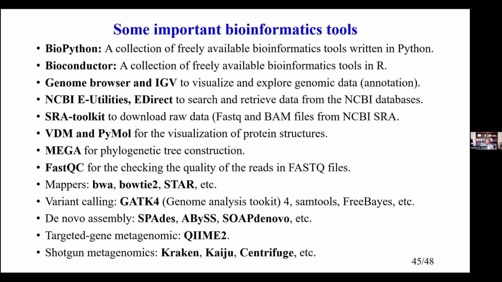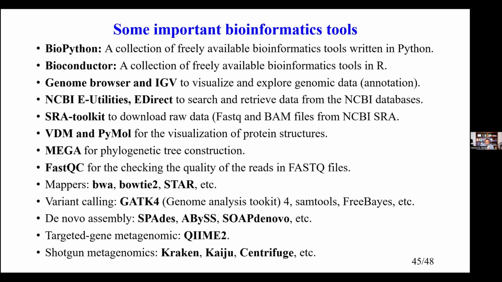You can use NCBI E-utilities and Entrez Direct to search databases, and the SRA Toolkit if you want to download FASTQ and BAM files from the NCBI SRA database. PyMOL or other tools if you want to visualize protein structures, MEGA if you want to build a phylogenetic tree, and FastQC to check the quality of FASTQ files.